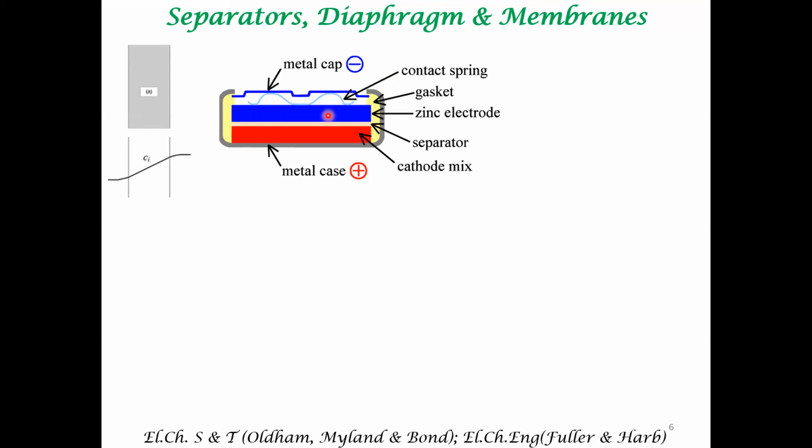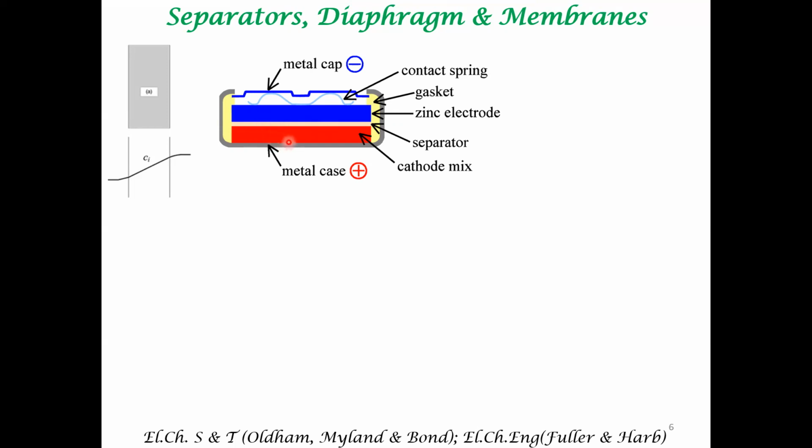When you have such large electrodes separated by a small distance, you want to avoid an accidental shorting of the two electrodes. Okay, so to avoid the accidental shorting, what you tend to do, you use a separator, a finite thickness, which would prevent the shorting of the two electrodes.